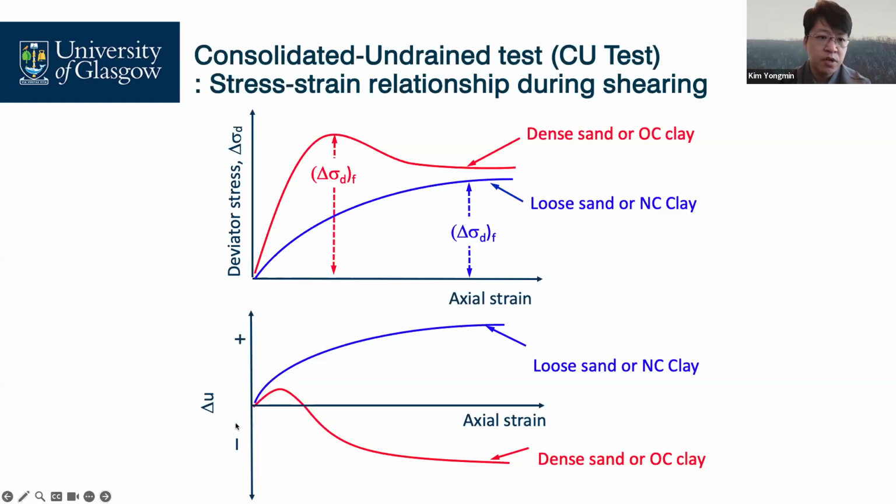When it comes to volume changes, normally consolidated clay keeps on changing, and then the dense sand or OC sands look like this kind of shape.